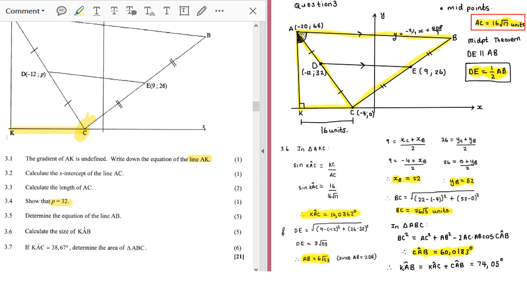Okay, so to answer question 3.6, the full angle KAB is equal to the sum of these two angles, KAC and CAB, which gives us a final result of 74.05 degrees. Quite a lengthy question.